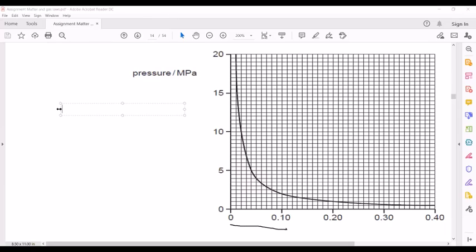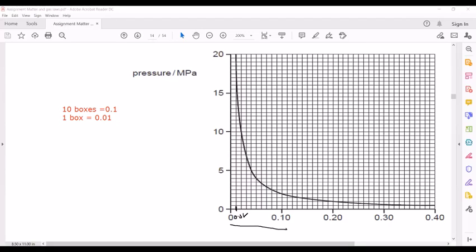So total 10 boxes is equal to 0.1. So one box or one square, because 10 is equal to 0.1, so 1 is 0.1 divided by 10. So what I'll get, 0.01. That is one box. So each box is equal to 0.01.